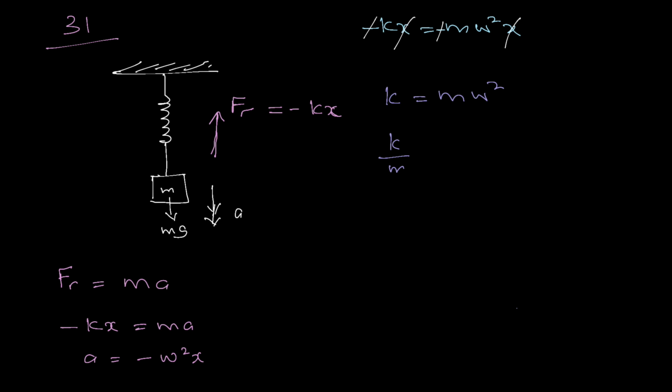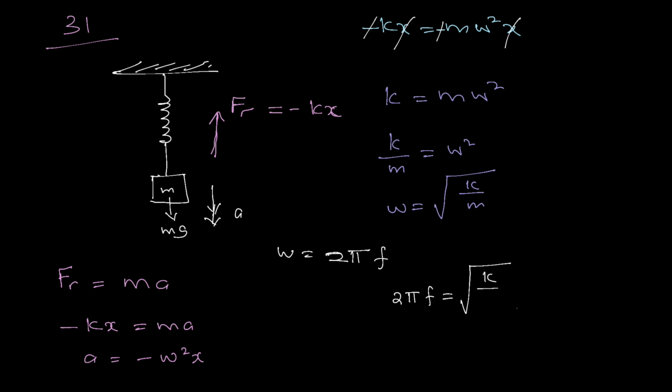K over m equals omega squared, and then omega equals root k over m. Omega itself is 2 pi f, which we can substitute into the equation. So 2 pi f equals root k over m, and therefore f equals 1 over 2 pi root k over m.